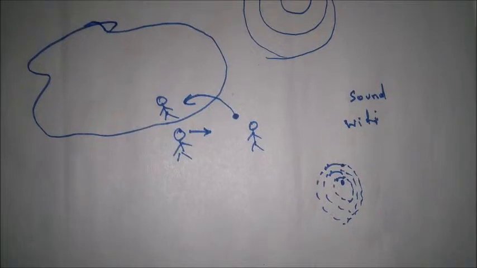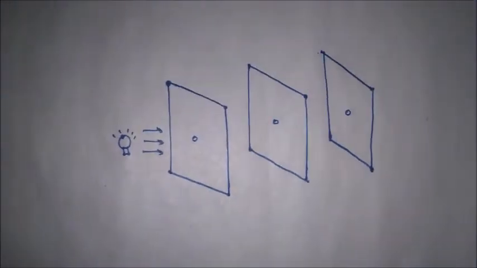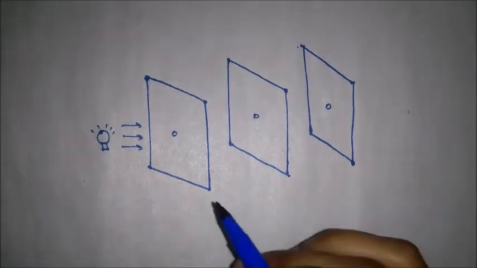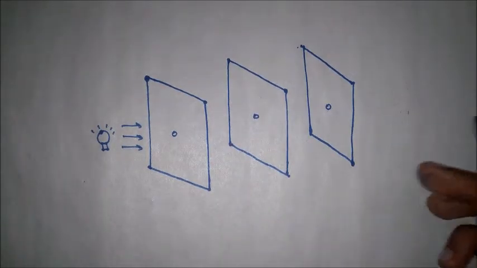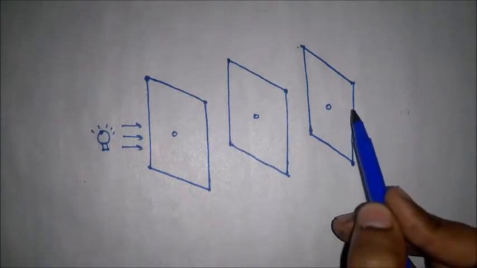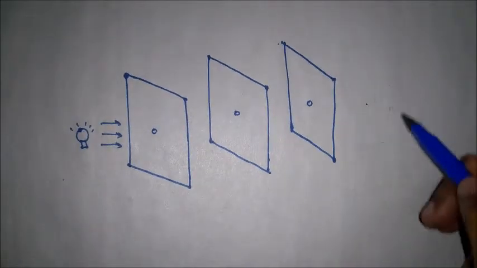You might have performed this experiment at school, and if you haven't, you can do it at home as well. All you require is a light source, and three cardboard cutouts with three holes in each one of them, such that they are in a straight line. Now, suppose you are the observer standing over here.